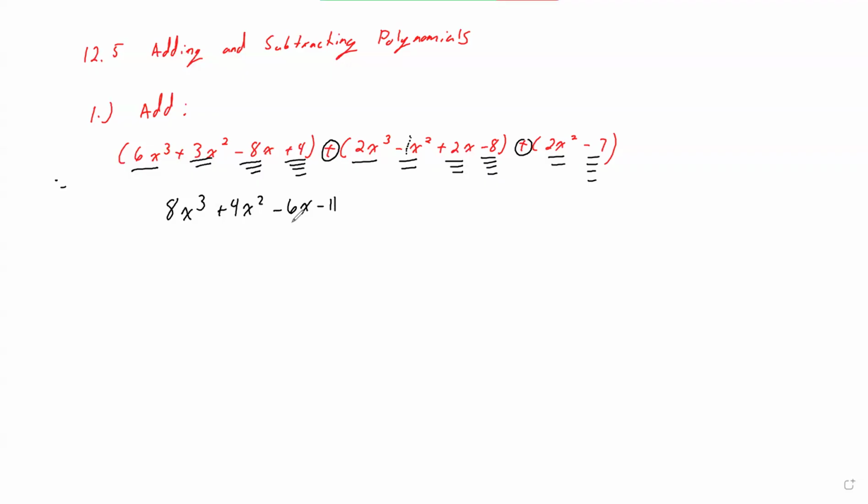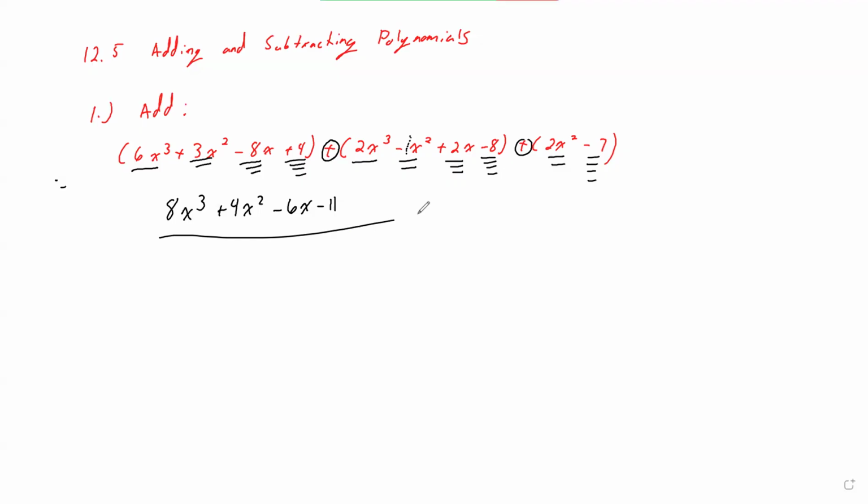There you go. And all you had to do is just add the coefficients of the like terms.